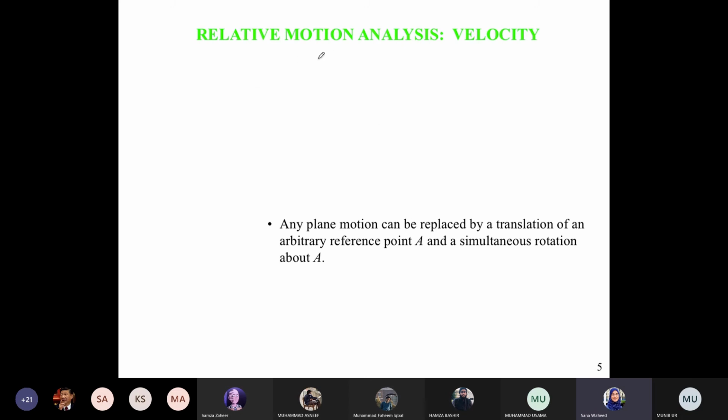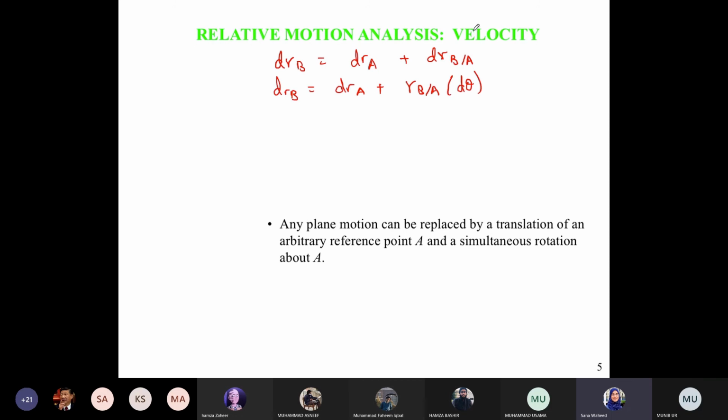We just noted that if I'm looking at a rigid body where A is my base point, then for any other point on the body, the displacement d r_B is going to be d r_A plus the relative displacement of B with respect to A. Further, I noted that d r_BA is just the radial distance between B and A multiplied by the angle of rotation, the small angle d theta.